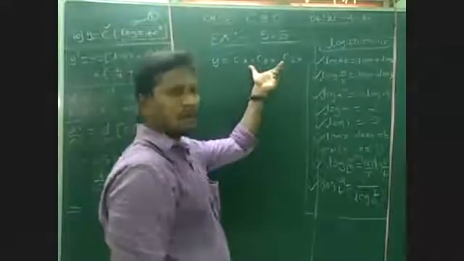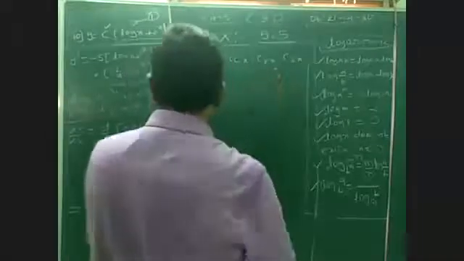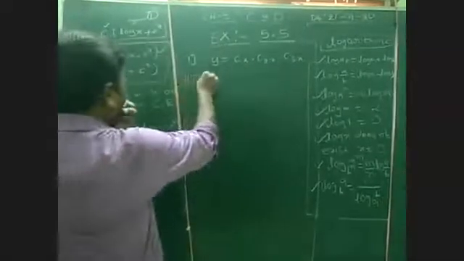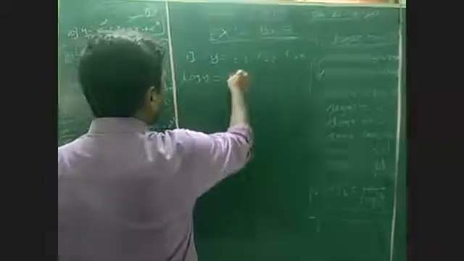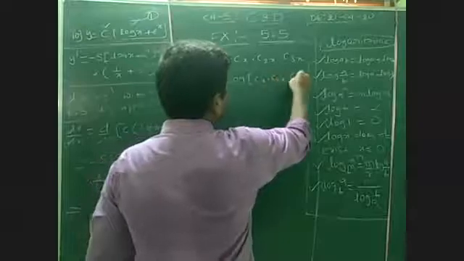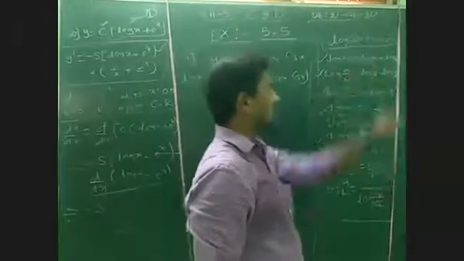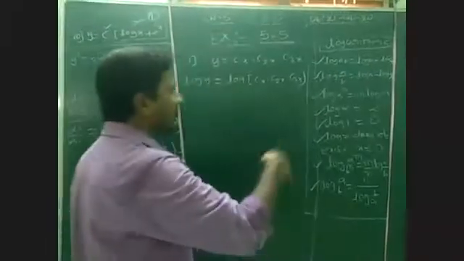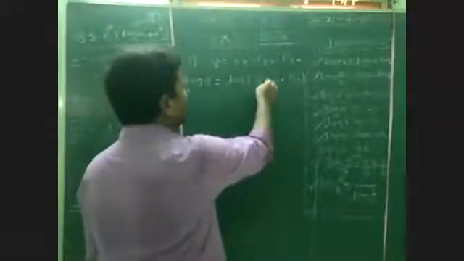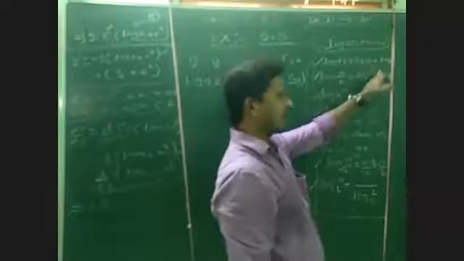Use this whenever you have a product. So now log of y is equal to log of cos x cos 2x cos 3x. Now it's very easy. Log AB formula is log A plus log B. What is log ABC? This is A, this is B, this is C. Log ABC is log A plus log B plus log C. Yes or no?